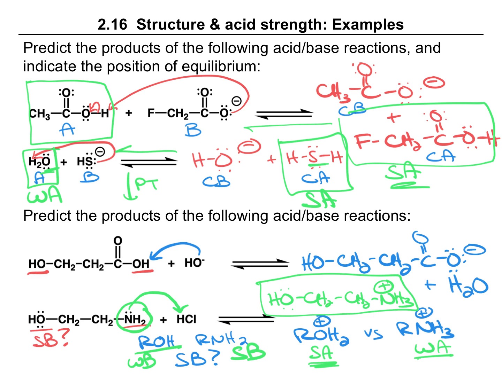So in a previous video, we determined which one of these was going to act as the acid, and which one was going to act as the base, by using pKa values. If we don't have pKa values, we can still determine which one of these would act as the acid, and which one would act as the base, just by using structural features.